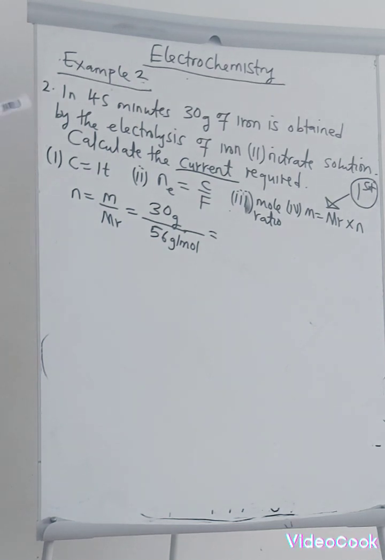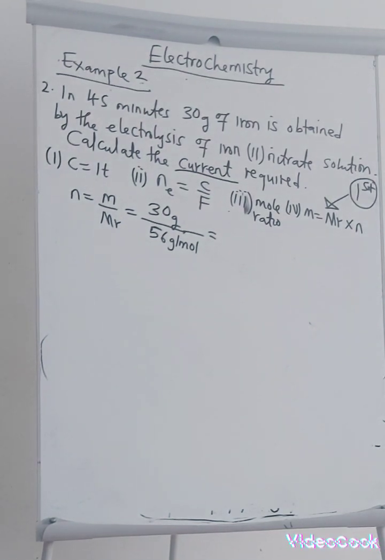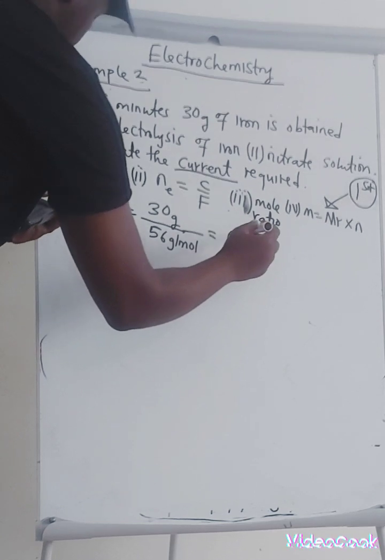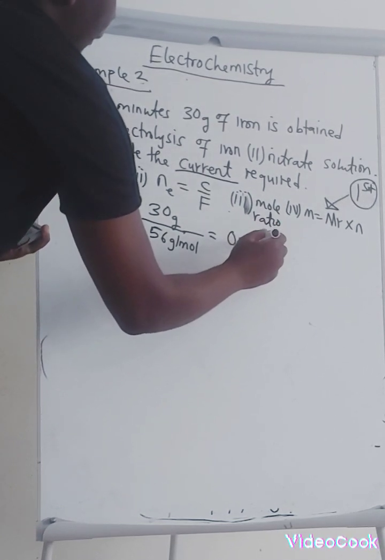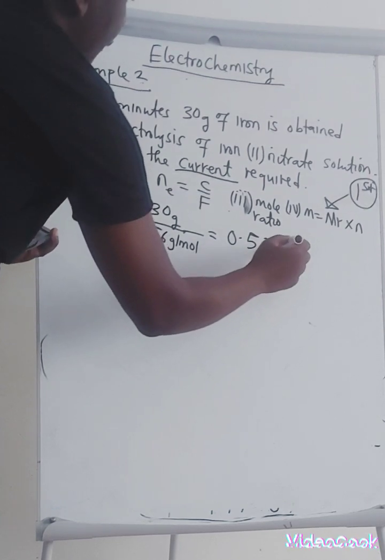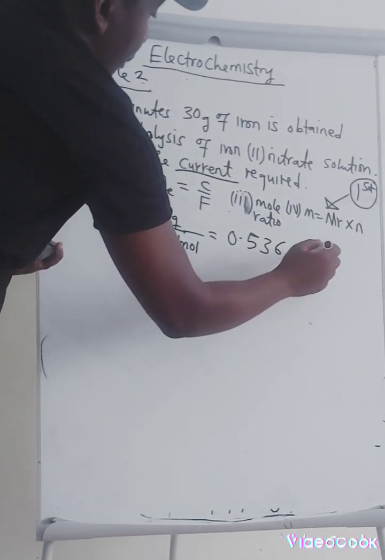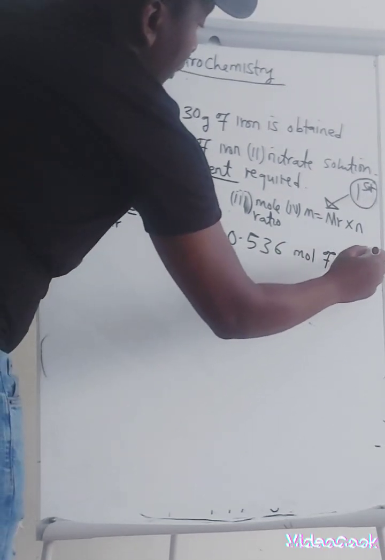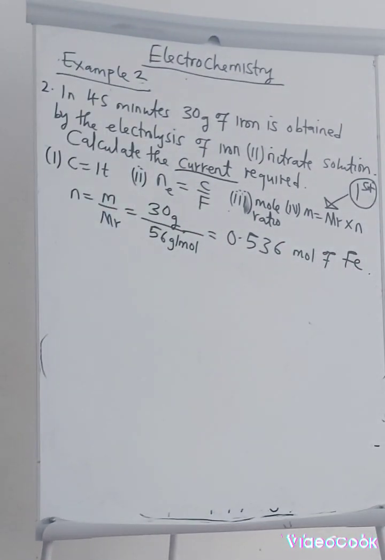That is 30 divided by 56, which is 0.5336 moles of iron.